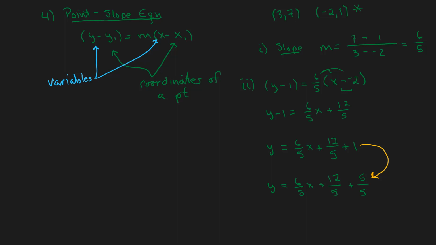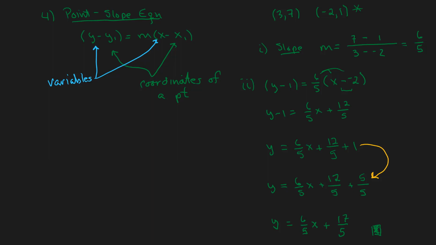Now that we have a common denominator, we can combine our two fractions. We'll get y is equal to 6 over 5 x plus 17 over 5. Notice that regardless of which of the two techniques we used, after we simplify, we come up with the same equation, 6/5 x plus 17 over 5, and this little square is a mathematical way of saying the end.